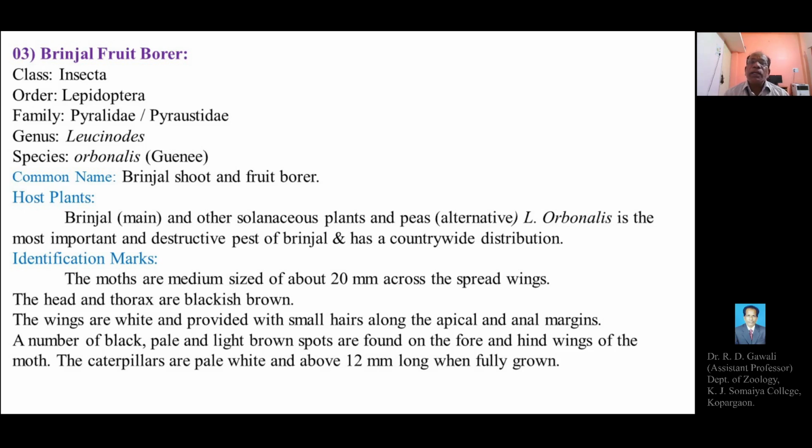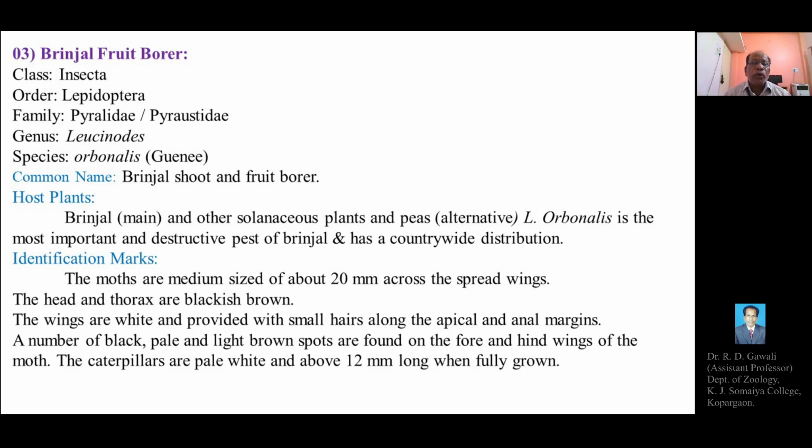Then we'll explain regarding its identification marks. The moths of the brinjal fruit borer are medium-sized insects, measuring about 20 millimeter across the spread wings, or when wings are expanded, up to 20 millimeter in width.